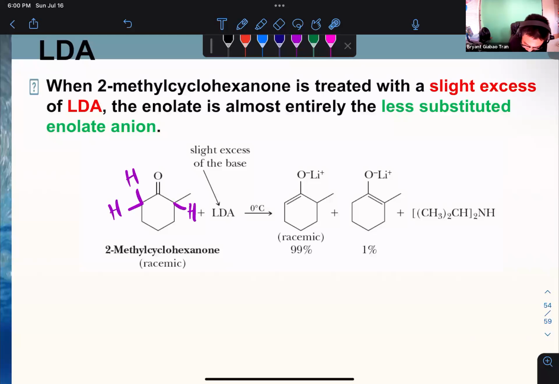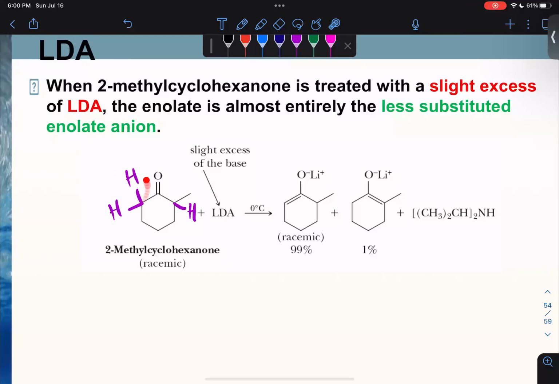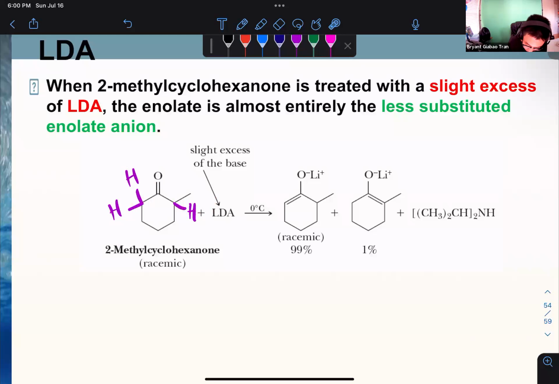You see how these two hydrogens have more space than this alpha hydrogen? It's going to grab this alpha hydrogen and then make a double bond right here, which is why this is 99%, because these are the most free alpha hydrogens. Think of the LDA as very bulky.